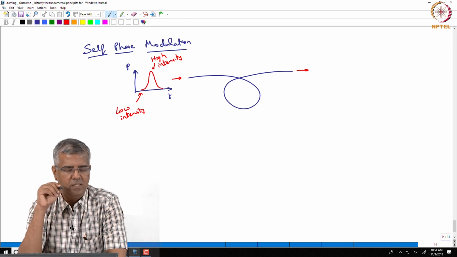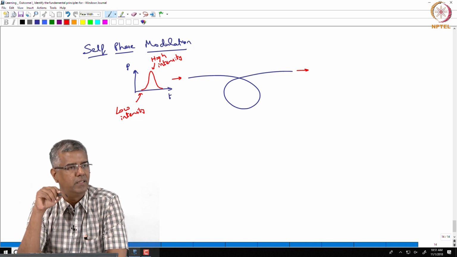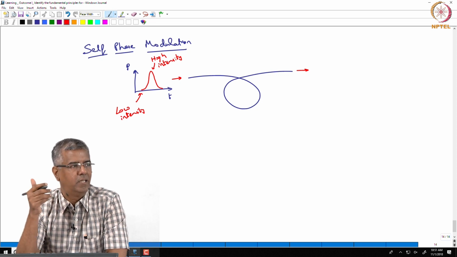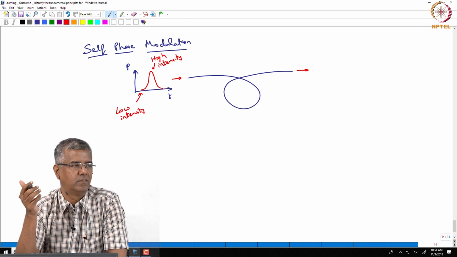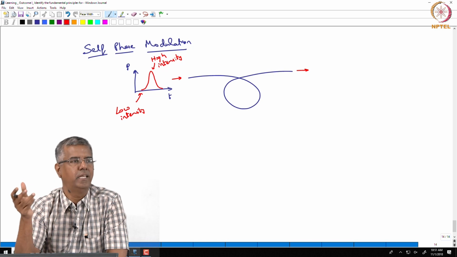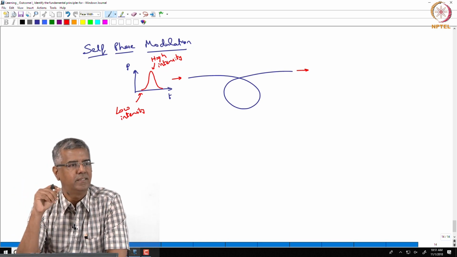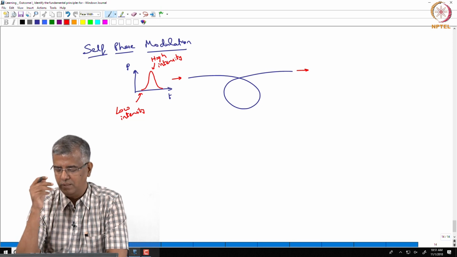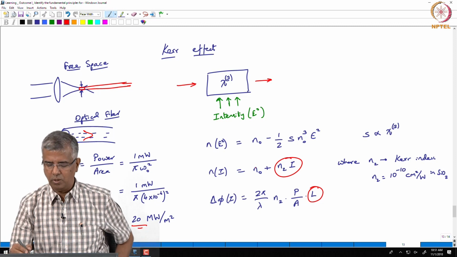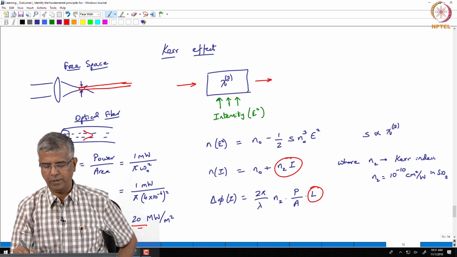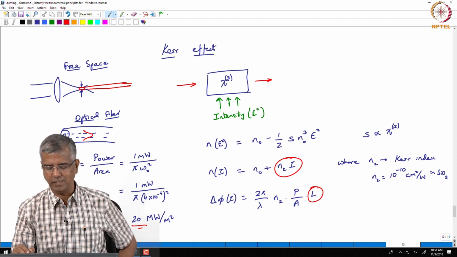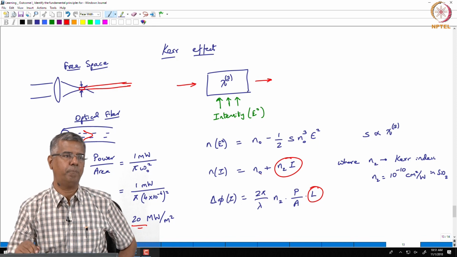So, even as the pulse propagates down the fiber, it is accumulating a differential phase, right. The low intensity regions just accumulate a linear phase, whereas the high intensity regions accumulate this nonlinear component also. So, if we go back and look at this, the low intensity regions are accumulating phase corresponding to N0, whereas the high intensity regions accumulate a phase corresponding to N0 plus N2I, right.